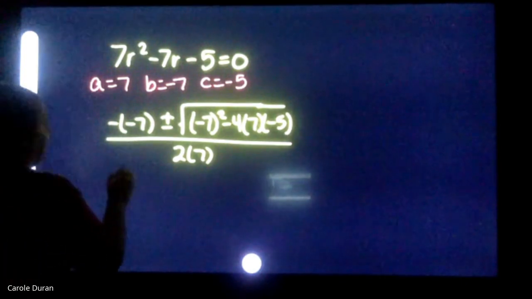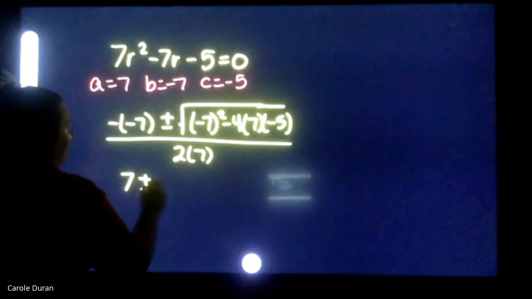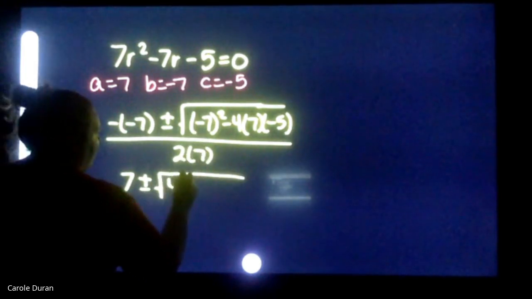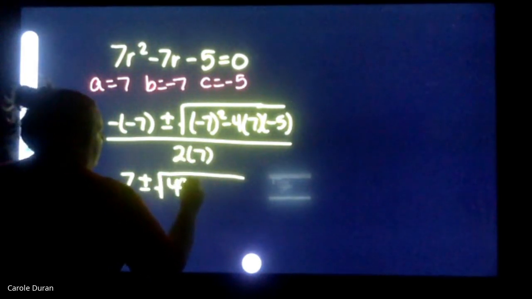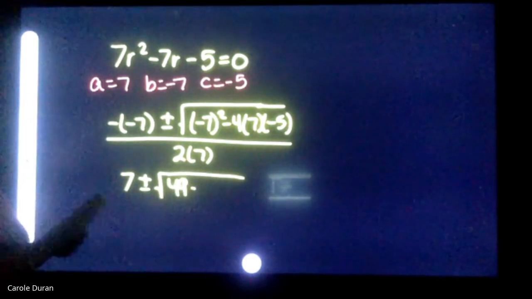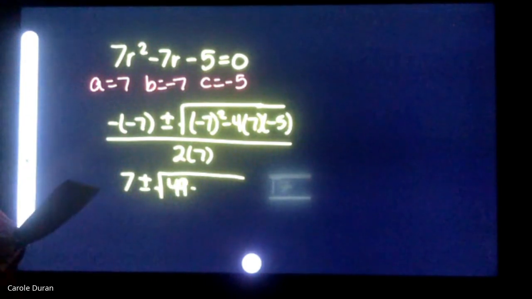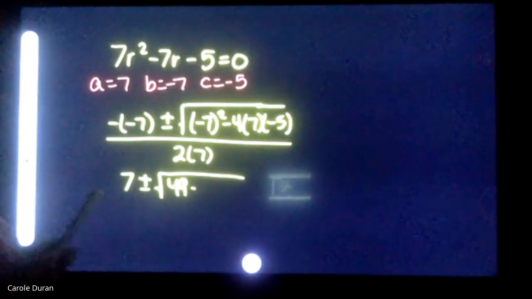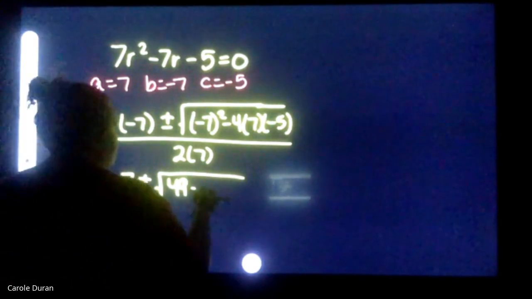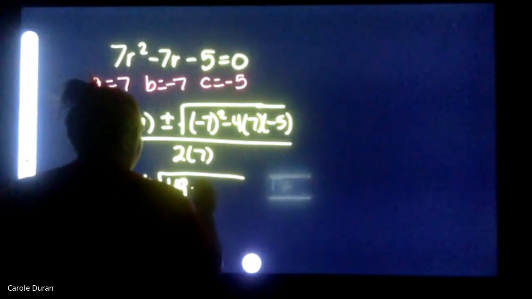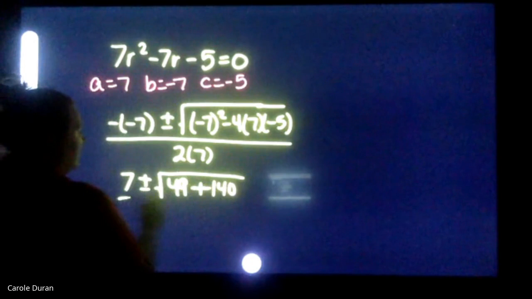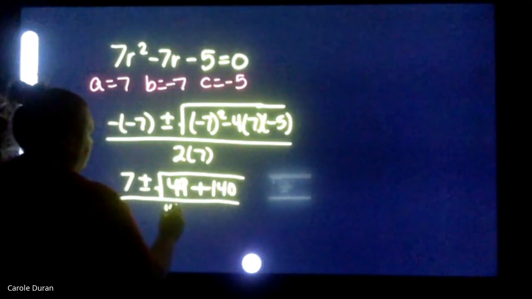The negative of negative 7 is positive 7 plus or minus the square root of negative 7 squared is 49. And then I do 4 times 7 times negative 5, and I get 140, but it's minus a negative 140, which means that it's plus. And then all over 14.